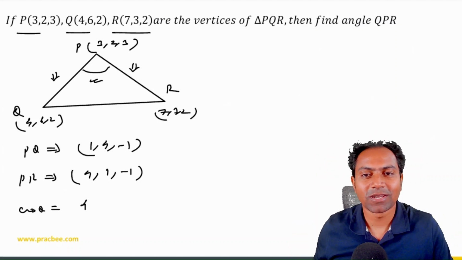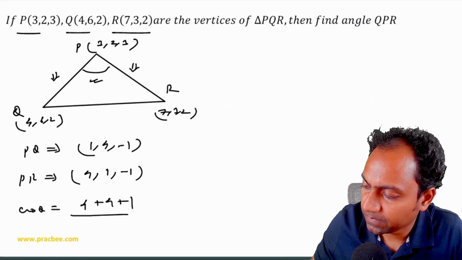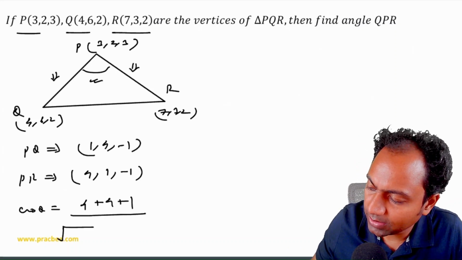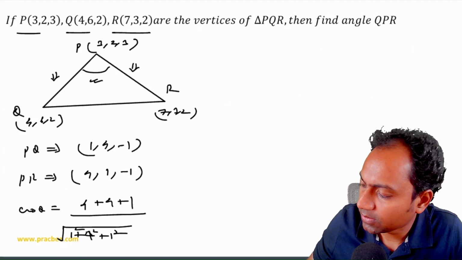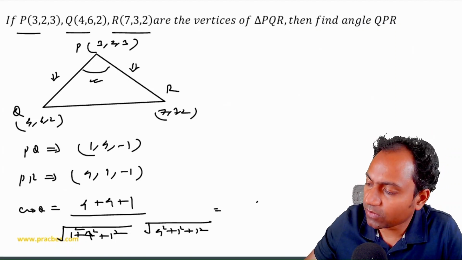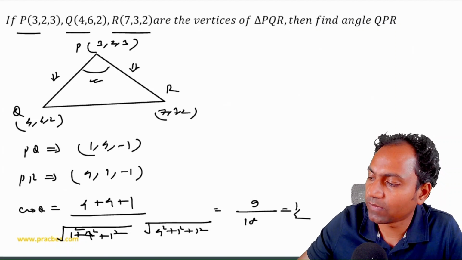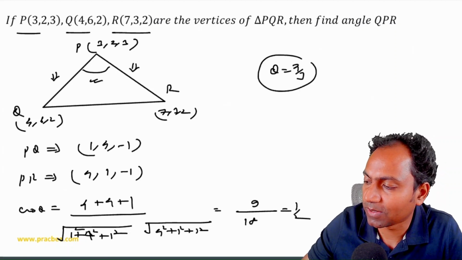So if I find cos theta, the value comes out to be nothing but 4 plus 4 plus 1 in the numerator. And in the denominator, what we are getting is root of 1 plus 4 square plus 1 square into root of 4 square plus 1 square plus 1 square. And hence, you see the numerator we are getting is 9. In the denominator, we get nothing but 18. So it becomes 1 by 2.